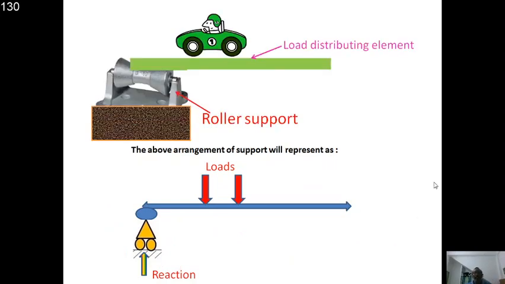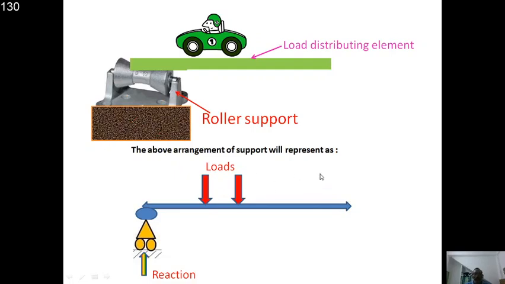This is the arrangement of how the system practically exists. Here the roller support has been provided below the load distributing element, and it is fastened by screws and nuts to the structure below, so that it can offer resistance in the upward direction and be movable in the horizontal direction.